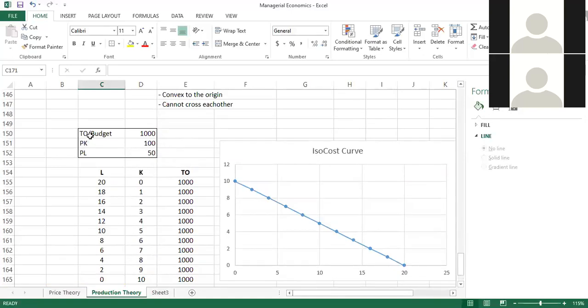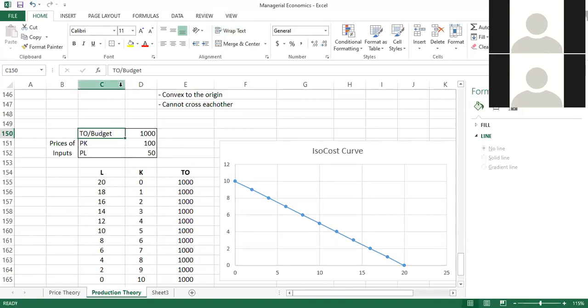The total amount the firm can spend for the inputs, and the prices of inputs. These are the total expenditure.